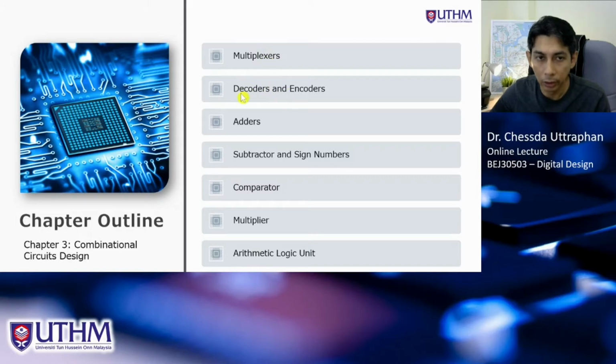And we also need to learn decoder and encoder, right? Decoder is normally used in digital hardware to decode the address in the memory, especially, or to decode information, changing one kind of information to another kind of information.